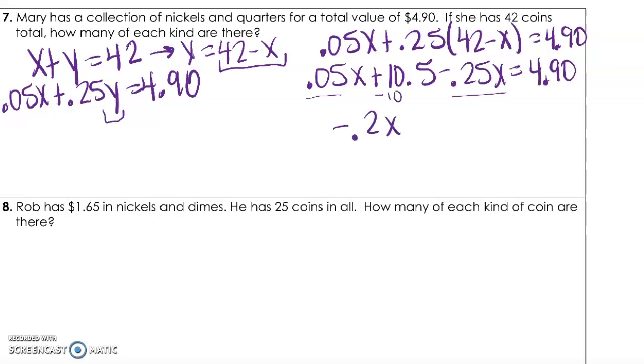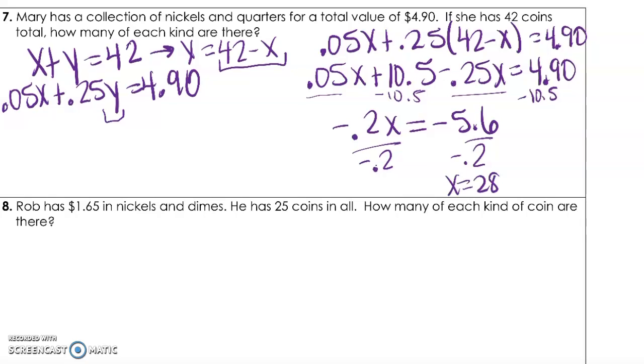And then I'm also going to subtract my 10.5. If you don't feel comfortable doing that all at once, that's fine. You can do it in two different steps. That gives me negative 5.6. So then we divide by negative 0.2, and we should get x equals 28.